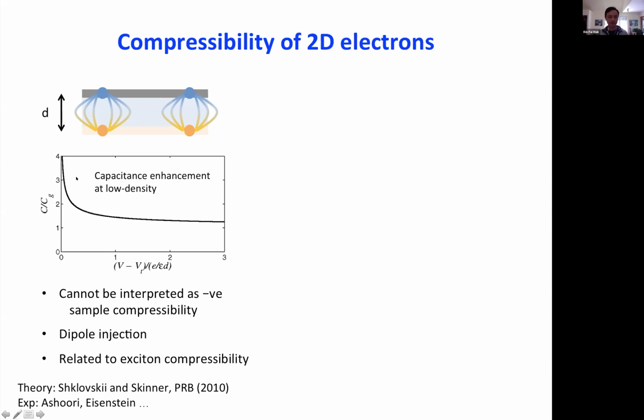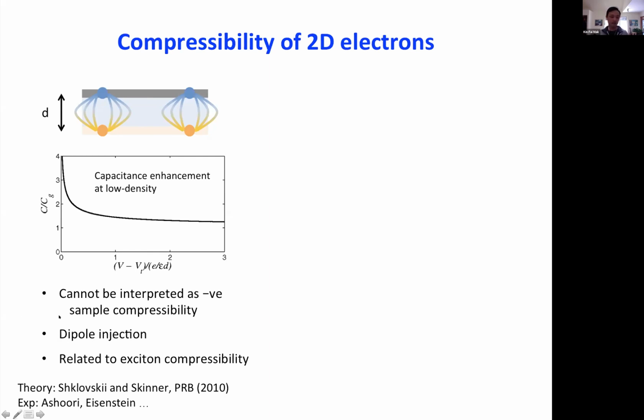What they predicted is that in this low density regime there's a capacitance enhancement. Usually an enhanced capacitance in this type of measurement would be interpreted as a negative compressibility of the sample, but we think the right way to think about it is really the enhanced compressibility of the whole device.